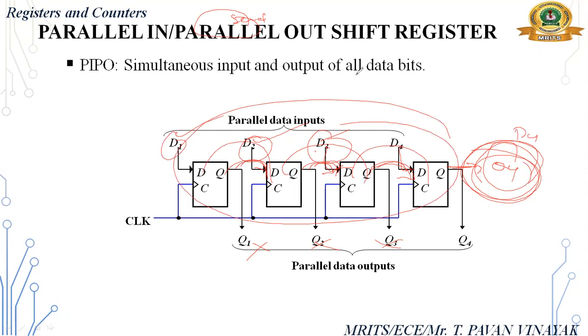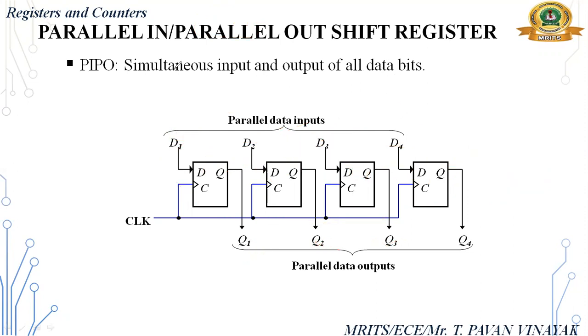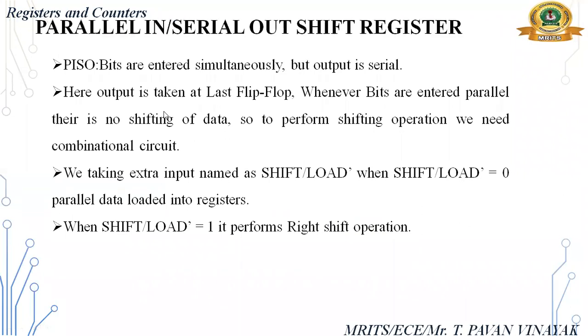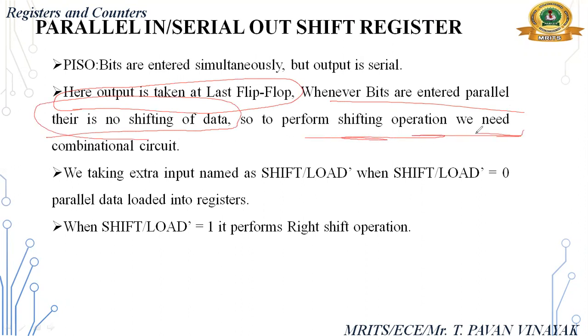So there is no shifting operation here. For parallel in, serial out, we have two operations. We take output at the last flip flop. Whenever bits enter parallelly, there is no shifting of data. So to perform the shifting operation, we need an extra combinational circuit.